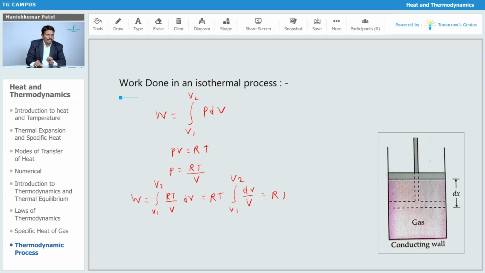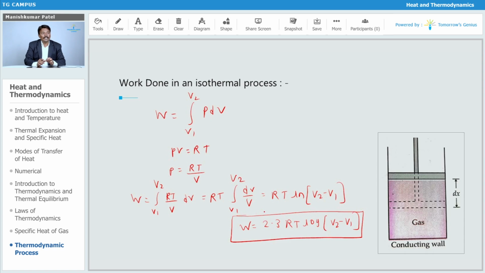Taking the integration on both sides, you get ln of V2 by V1, and you can write this as 2.3 RT log of V2 by V1. This is how we write the formula for the work done, which is 2.3 RT log of V2 by V1, the work done in the isothermal process.